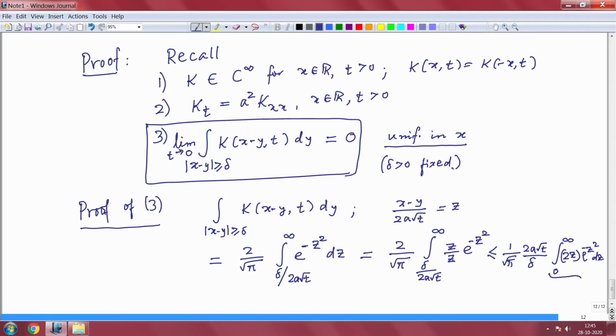This integral is just 1, and since root t sits in the numerator, that goes to 0 as t goes to 0. Of course, we are always considering t positive. Also note there is a square root there. So, this proves property 3.